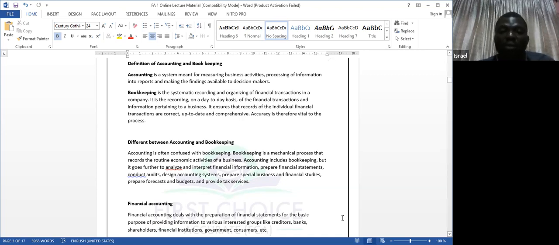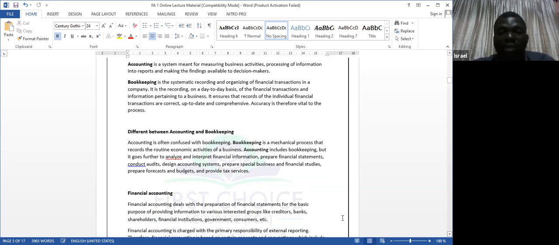So when the users take it over, they are not just seeing records, they are seeing information that is available for them to make their decisions on. Now, because of our time, let's quickly talk about the difference between accounting and bookkeeping. Accounting is often confused with bookkeeping, because bookkeeping is a mechanical process that records the routine economic activities of a business, while accounting includes bookkeeping but goes further to analyze and interpret financial statements. These have been explained earlier.